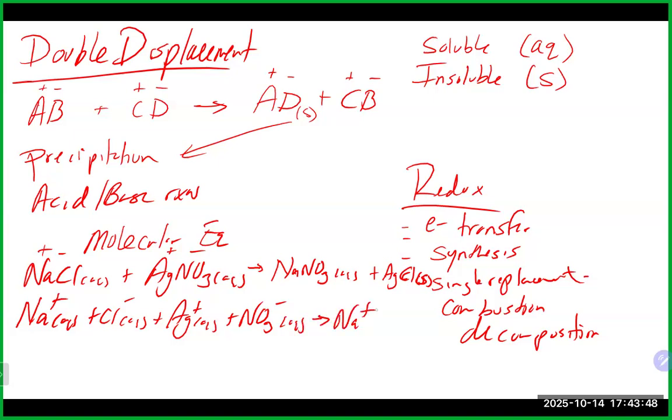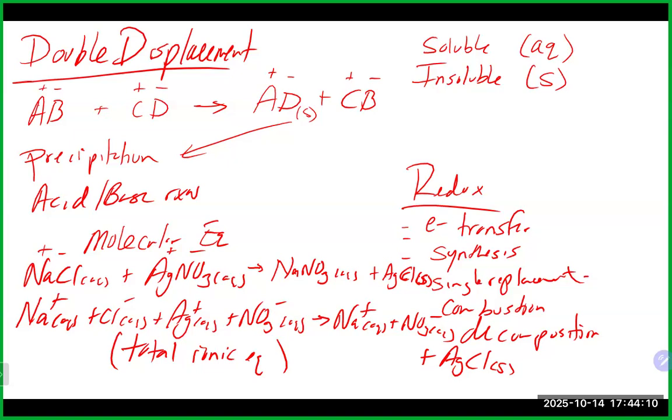The sodium and the nitrate on the other side would break apart. And since I'm running out of room, I'll go underneath it, plus our silver chloride, which is a solid. So this type of equation is what is referred to as the total ionic equation, or complete ionic equation.